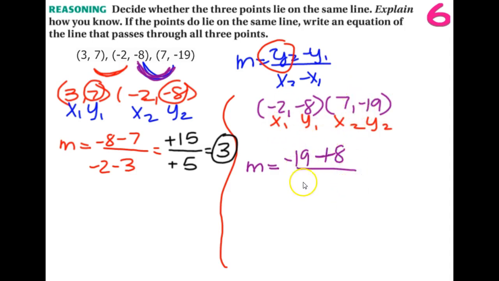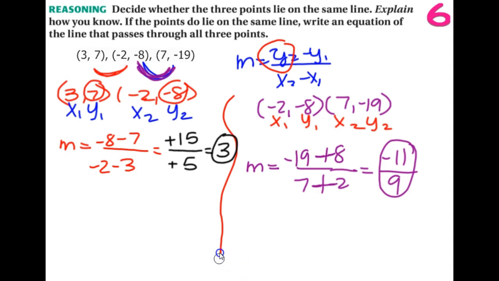And then x2 minus x1, 7 minus a negative, not -9, -2. Those make a positive as well. So -19 plus 8, there's more negatives, that's -11, and 7 plus 2 is 9.